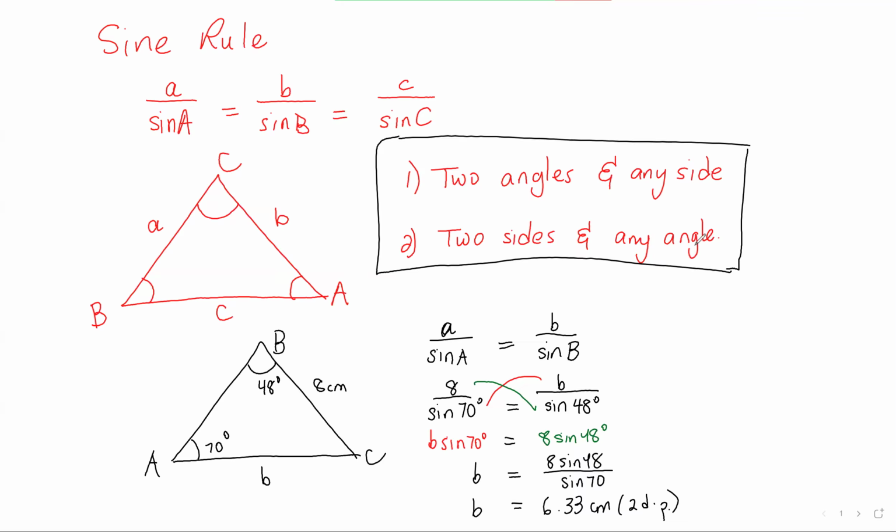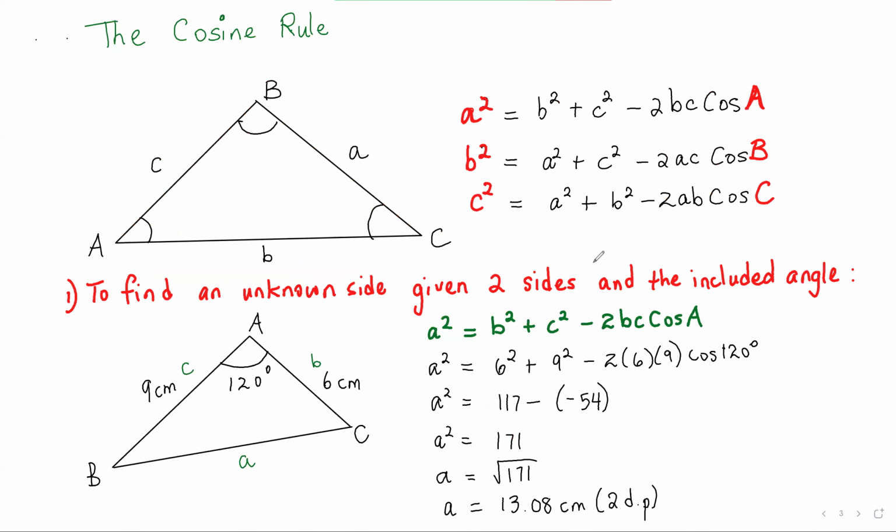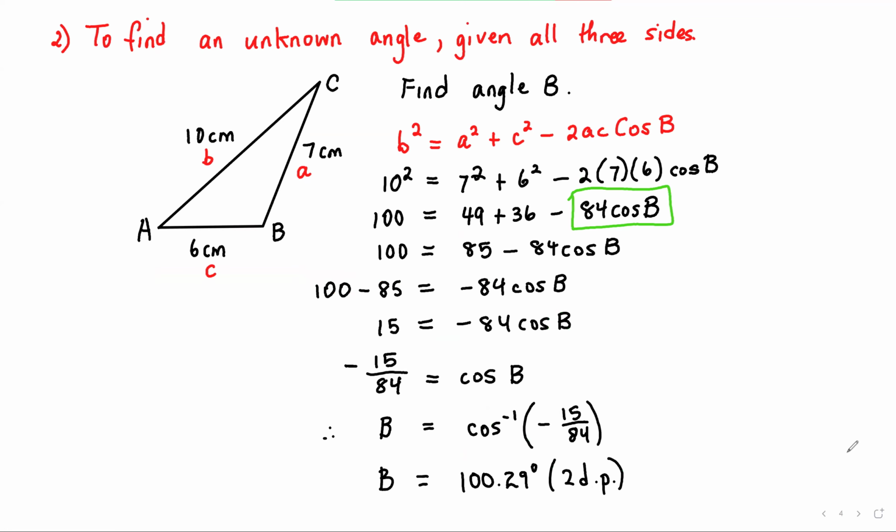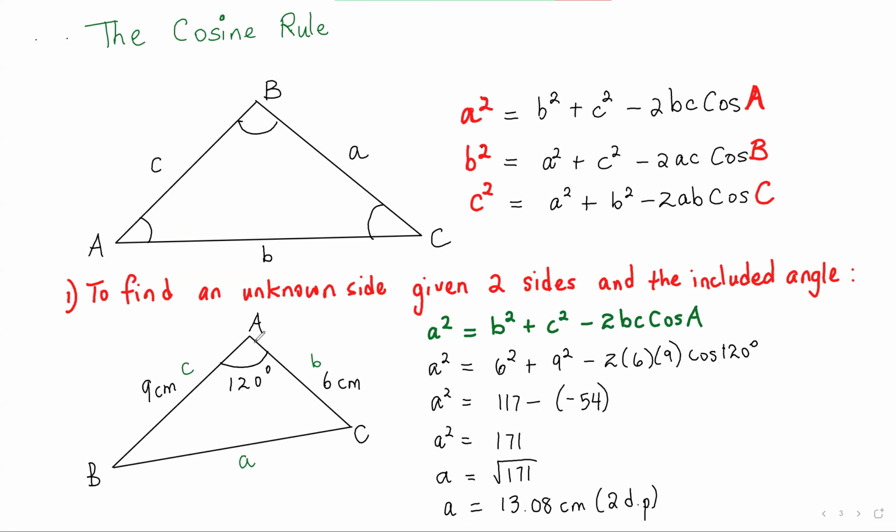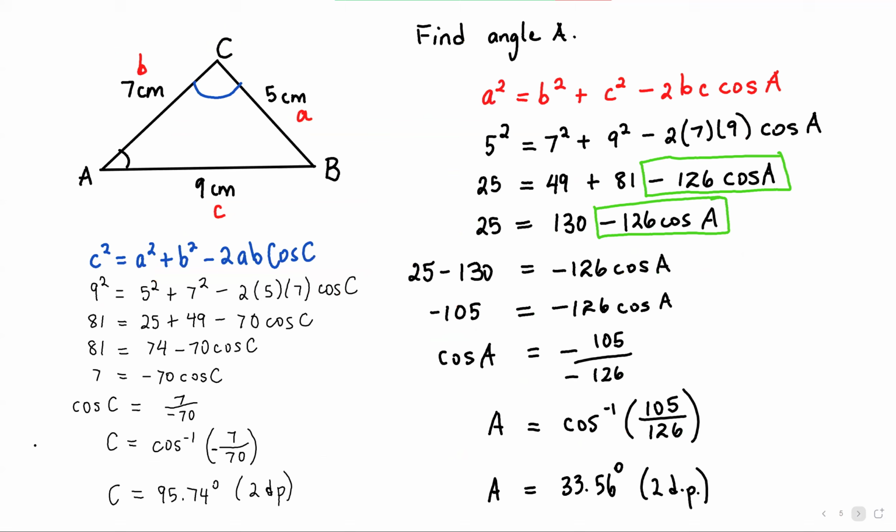And the cosine rule is used when you need to find an unknown side given two sides and the included angle, or when you need to find an unknown angle given all three sides. So from the time you see something looking like this, sides and the angle in between is given, you know you could use the cosine rule there, right?